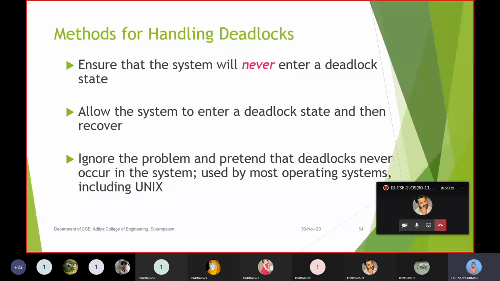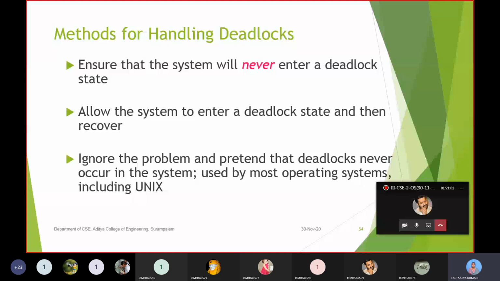And the third one is to ignore the problem and pretend that deadlock never occurs in the system. That means even though a deadlock has occurred, the system will ignore it and behave in such a way that the deadlock situation never occurred. This last method is used by most operating systems, mainly the Unix operating system.